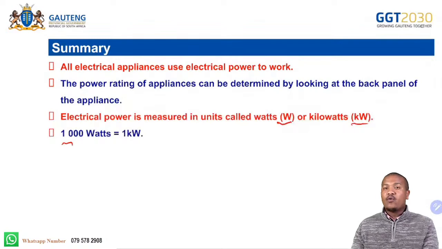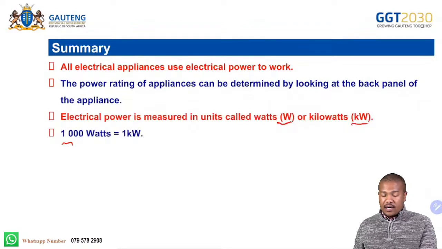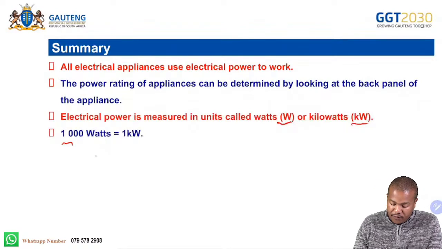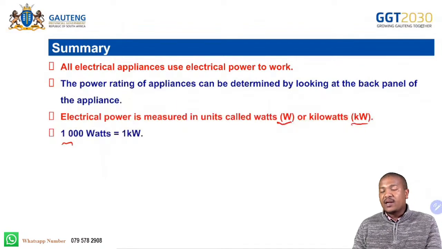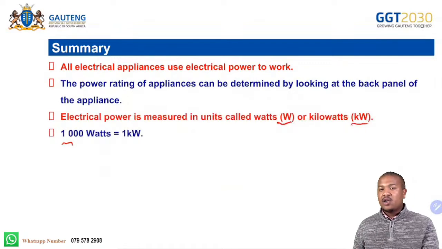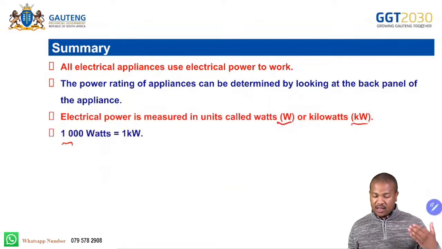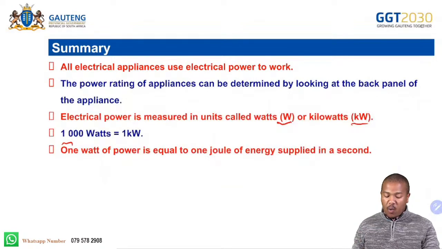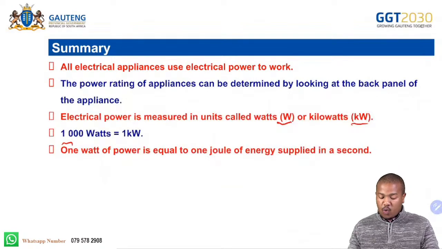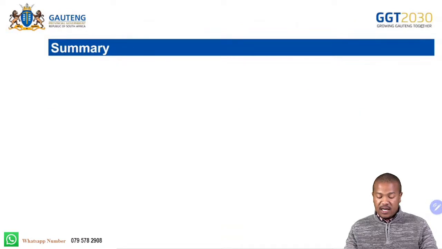So if we were to convert between the two, moving from watts to kilowatts, we divide by 1000, and moving from kilowatts to watts, we multiply by 1000. And we also highlighted that 1 watt of power is equal to 1 joule of energy supplied in a second.